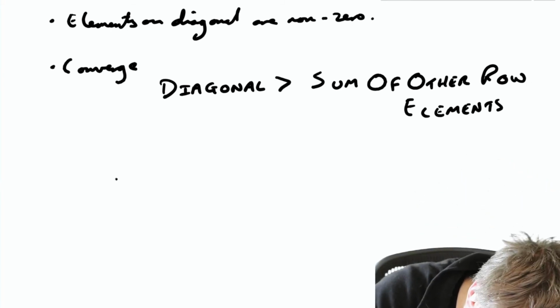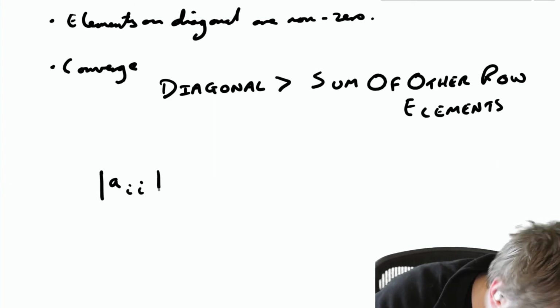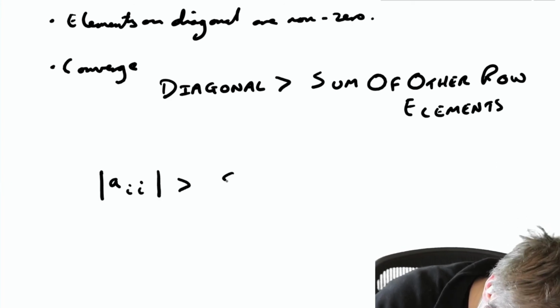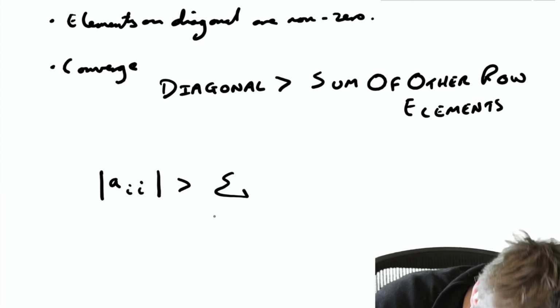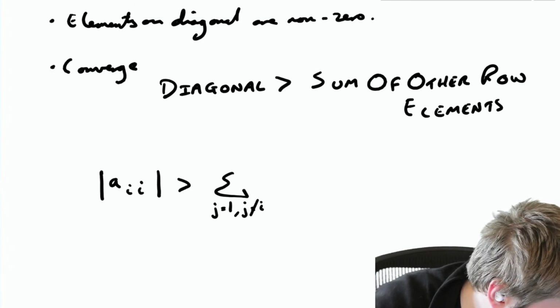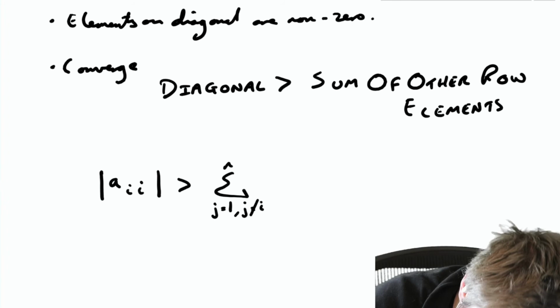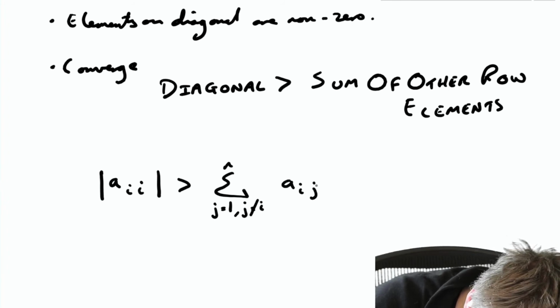The diagonal elements, which is a_ii, in other words same row, same column, absolute value, has got to be bigger than the sum of all of the other elements on the row. So j is equal to 1, not including the ith element, of course. So it's j equal to 1, j not equal to i, right the way through to n, of the absolute value of a_ij.